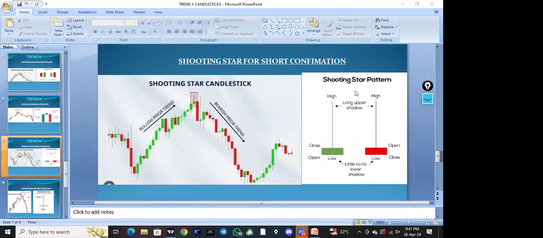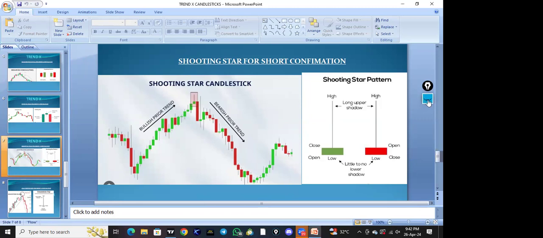You can see this shooting star. If the wick comes small, that is an inverted hammer. That's it. It looks the same for both. So you can consider this as a shooting star or an inverted hammer. You know, right?